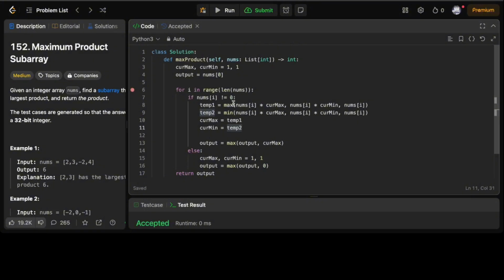I obviously did get some pointers about storing the max and min, but the only thing I was really missing was, once you do get your max and min, when you're multiplying the number you're on by the max and the min, you also want to consider the number itself to be a candidate for your max or your min.